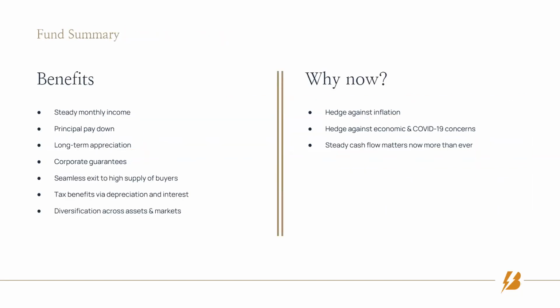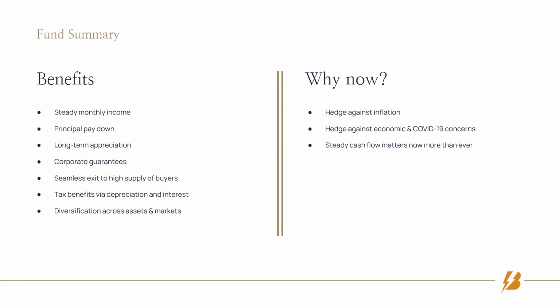So as a summary, like I mentioned before, you have a steady monthly income. It's very, very predictable, right? On the third of every month, ACH comes in, check comes in, shows up. You can count on it. You have the principal pay down. You have the long-term appreciation, right? Because commercial real estate, depending on how it's bought, generally appreciates over time.